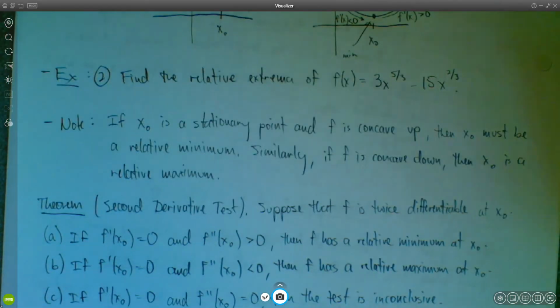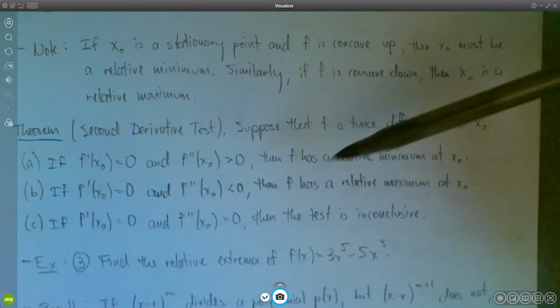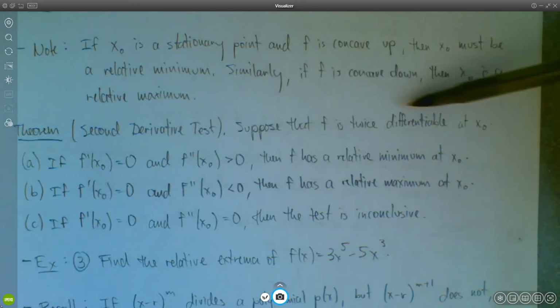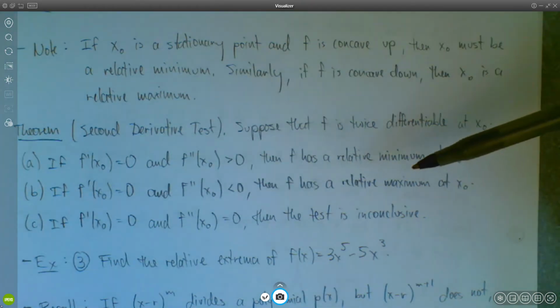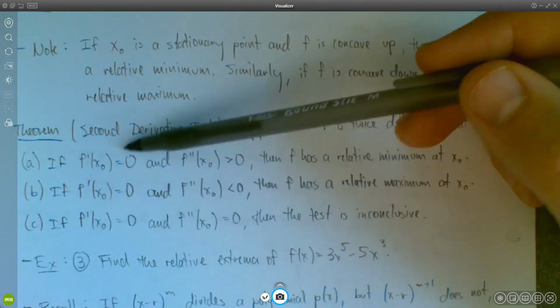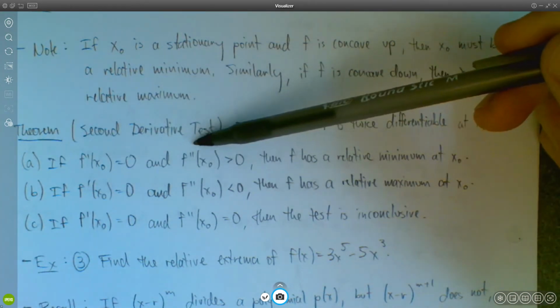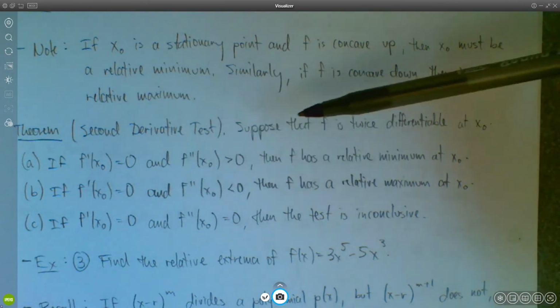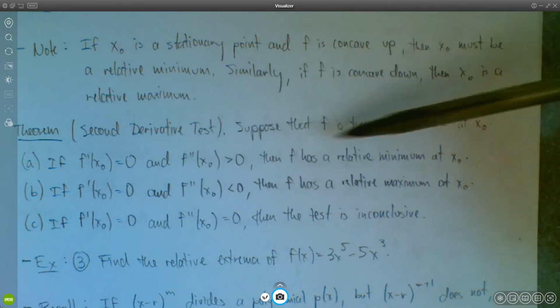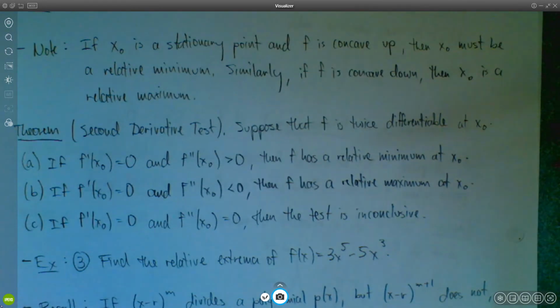But yeah, so hopefully that makes some intuitive sense to you, and we call that the second derivative test, okay? So suppose that f is twice differentiable at x0. If f prime of x0 equals 0, so in other words x0 is a stationary point, and f double prime of x0 is greater than 0, so if f double prime at x0 is positive, then f has a relative minimum at x0.